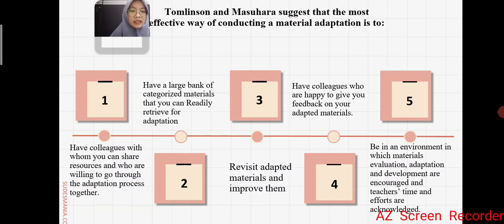And the third, revisit adapted materials and improve them. And the fourth, have colleagues who are happy to give you feedback on your adapted materials. And the fifth, be in an environment in which materials evaluation, adaptation, and development are encouraged and teachers' time and efforts are acknowledged.